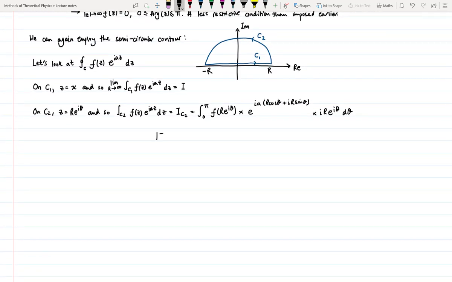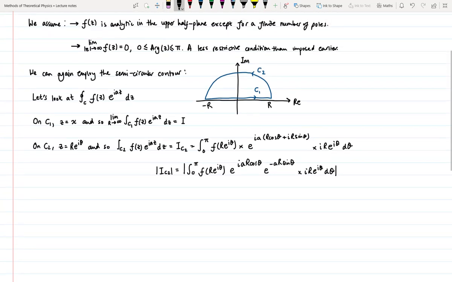Next, let's look at the magnitude of this term. This is the magnitude of the integral of f of r e to the i theta, and then we have e to the i a r cos theta, and then e to the minus a r sine theta times i r e to the i theta d theta.